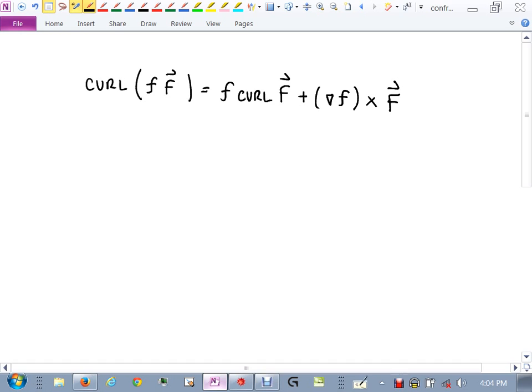Come on, who can pick up on that? It's almost like a product rule, isn't it? What's the derivative of a product? Well, what's the derivative of f? It's like curl is the derivative, almost. But f is left alone and something happens to the vector field. In this one, something happens to the f, and then you cross it with the vector field.